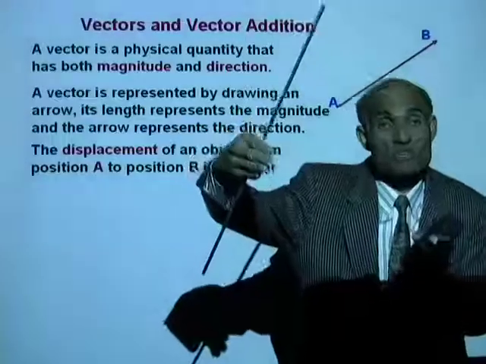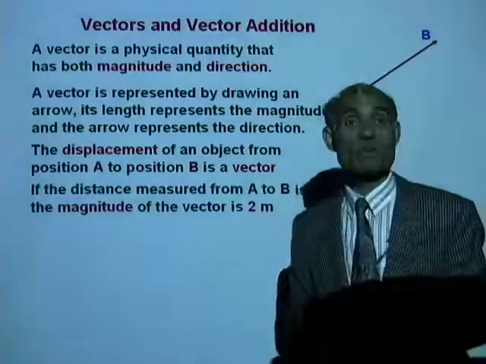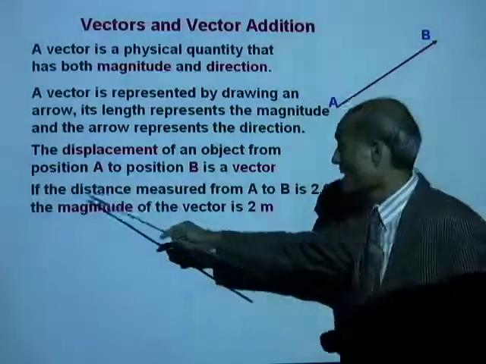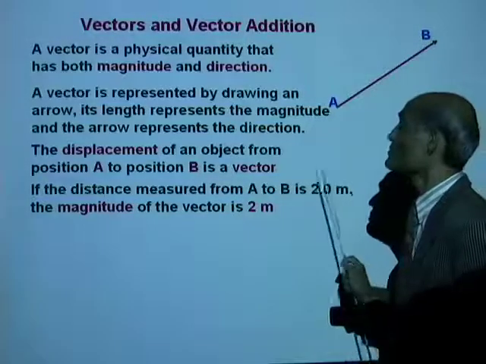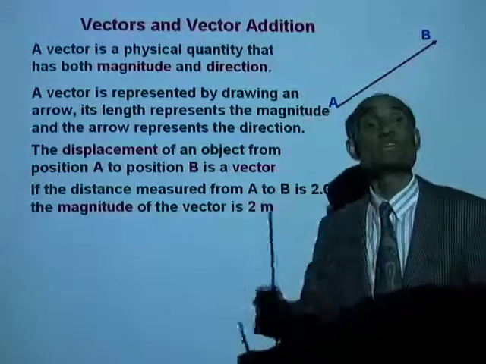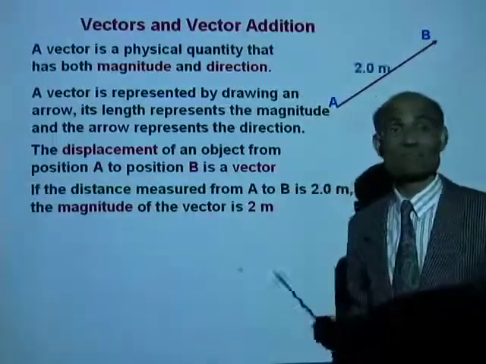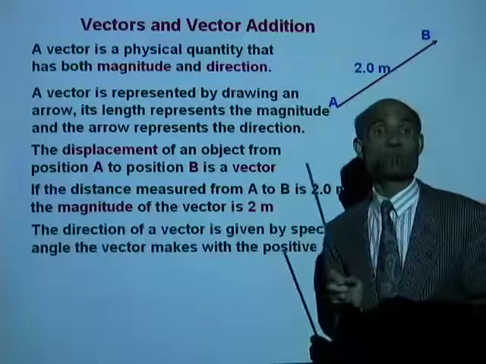How much is the displacement? And the direction, how do we represent the direction? Well, if the distance measured from A to B is 2 meters, then the magnitude of the vector is 2 meters. So let's say the length of that vector is 2 meters.